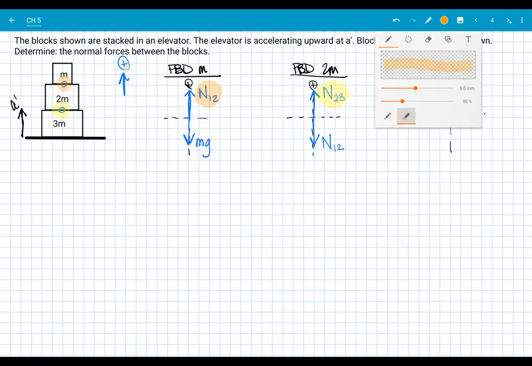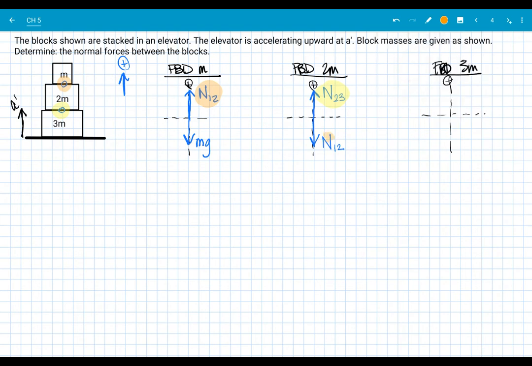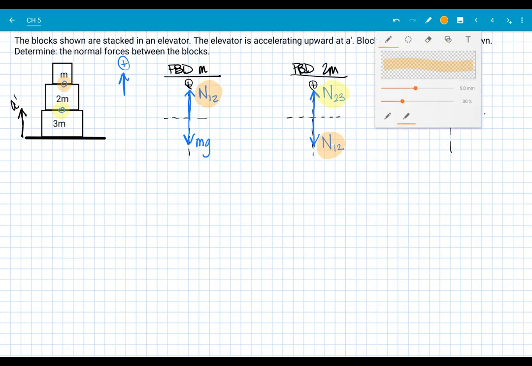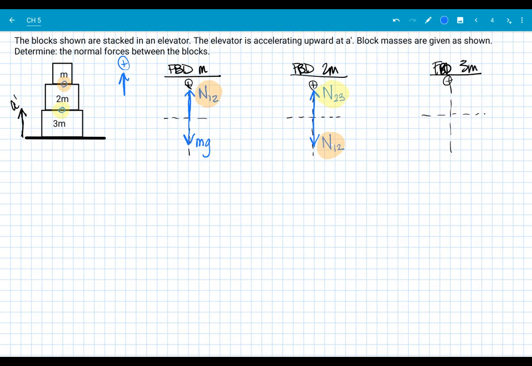So I'd highlight this in this orange color here, because the downward force is due to the contact that block 2m has from block m, which is sitting on top of it. Those are the two contact forces, being contacted in two places, above and below. And then we have, of course, the weight, which is also exerted downward. That's going to be 2mg in this case, because we know the mass is 2m.